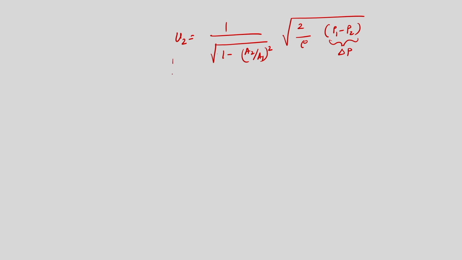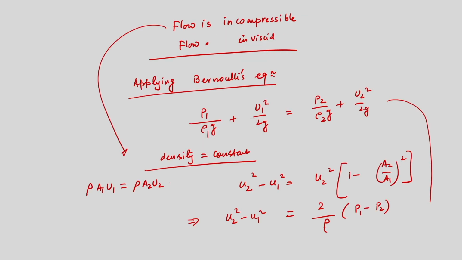So, knowing the velocity, this U2 is the velocity. If we go back to my previous slide, this is at the upstream of the throat, and this is at the throat. So, U2 is the flow velocity at the throat.